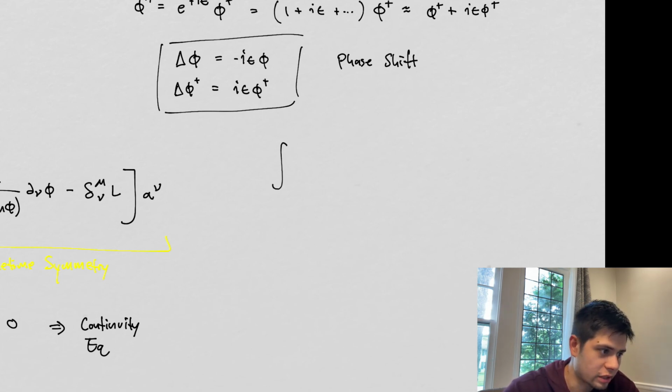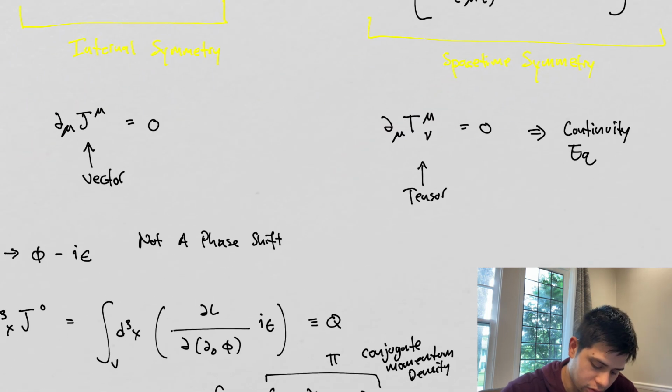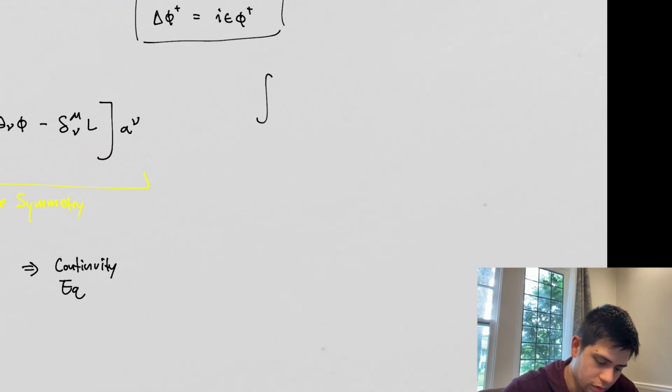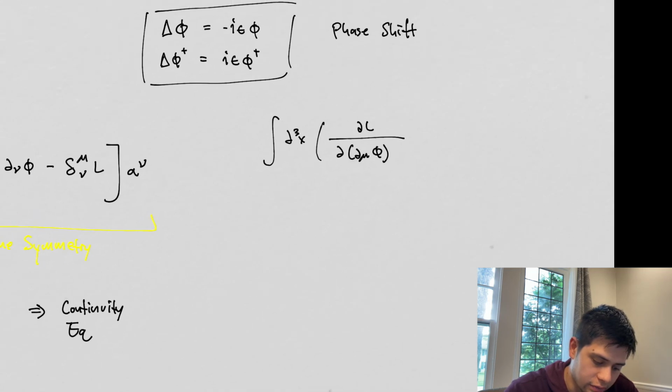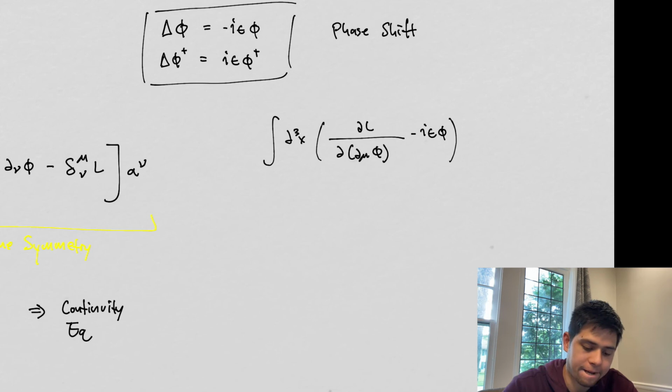We had an integral, an integral d3x like this, our change in our Lagrangian like this, and then we have negative i e phi like that.